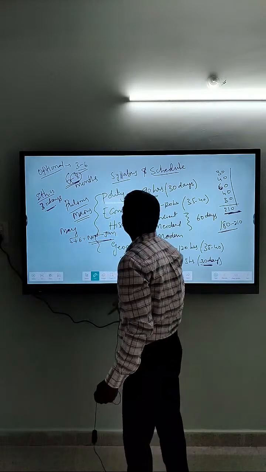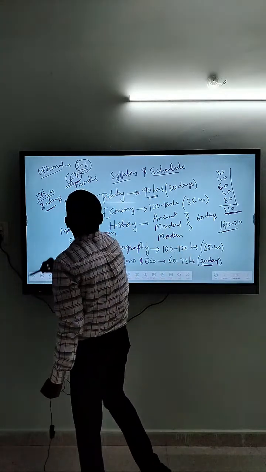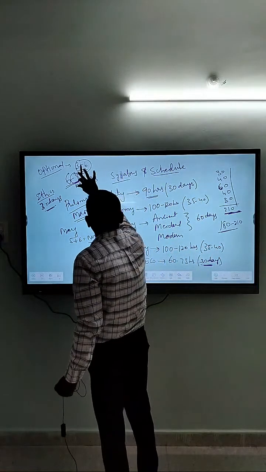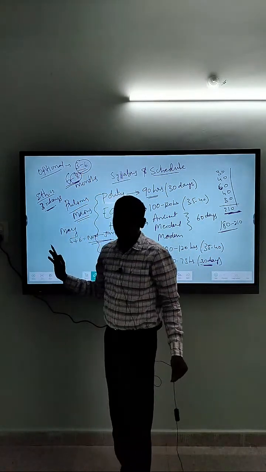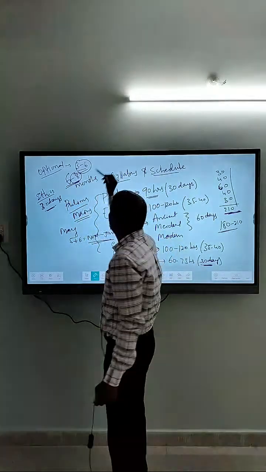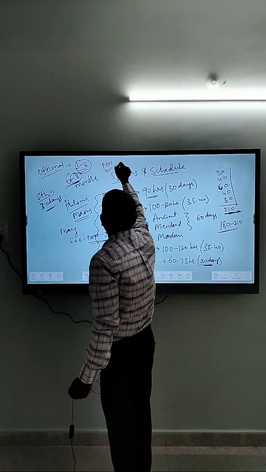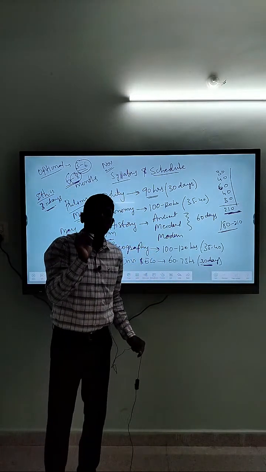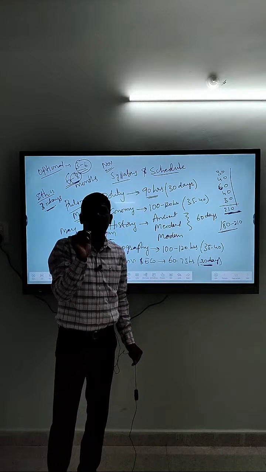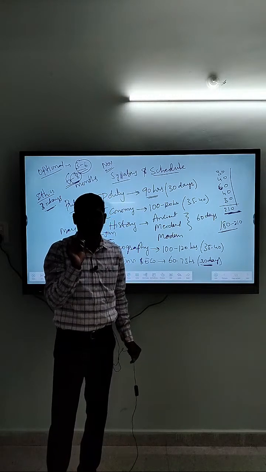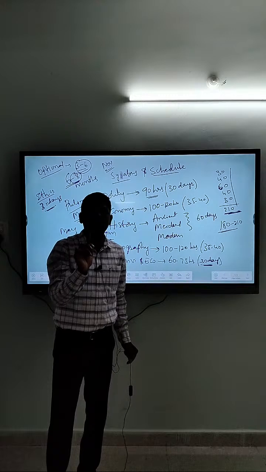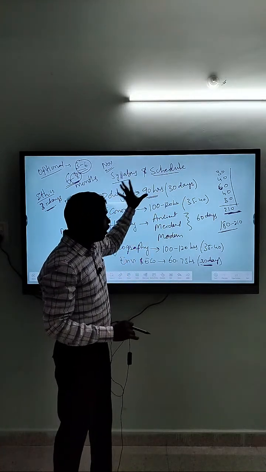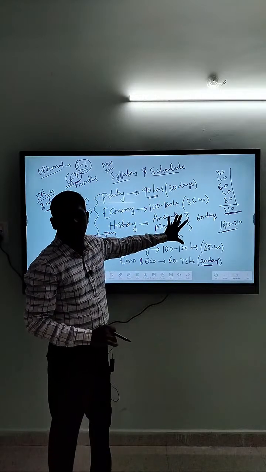So ensure that along with GS, by November you complete your optional. Only then is there every chance of clearing the exam in 2025. So this should be our schedule.